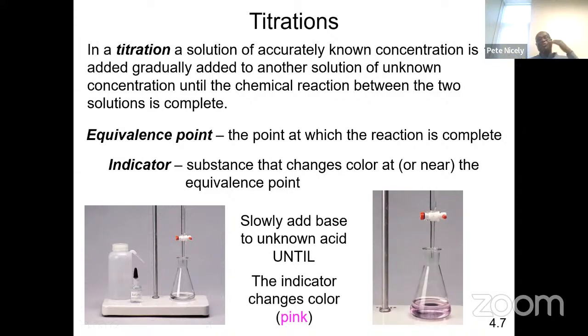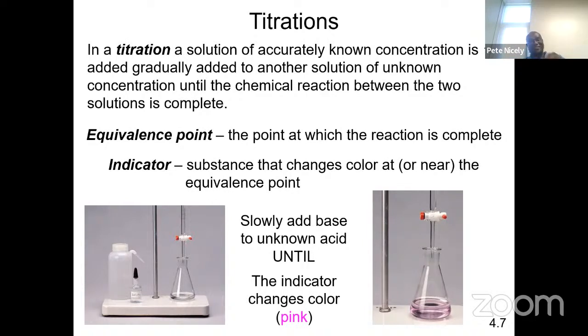Once you do that, you record your second reading, and then you're going to do some subsequent calculations to determine whatever you need to determine, or whatever the aim of the exercise is. Usually, it's to determine the concentration of one based on the concentration of the other, right? So that's basically, in a nutshell, what's involved in acid-base titration. I mean, there are more details involved, but I don't want to get into all of that.